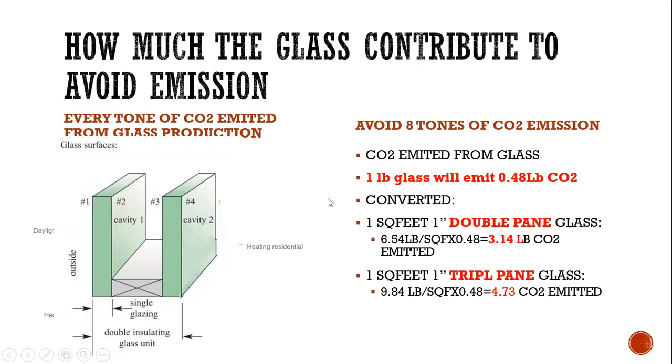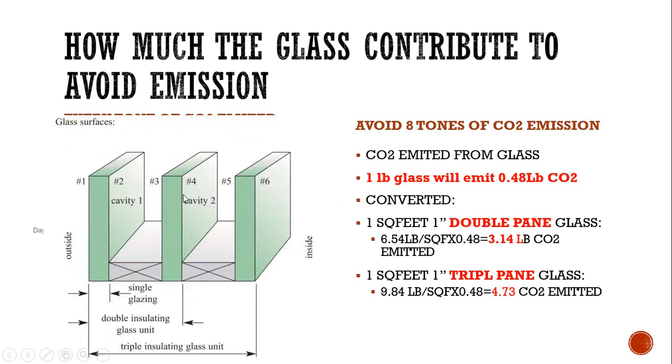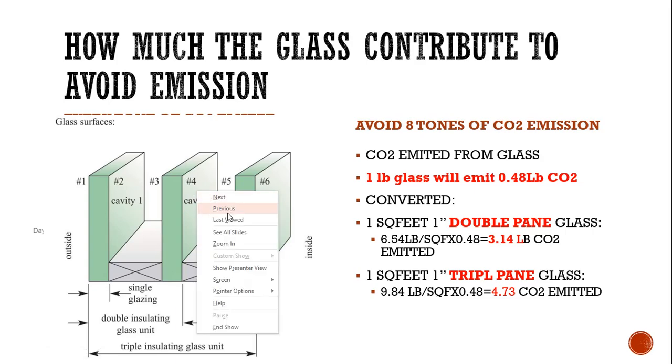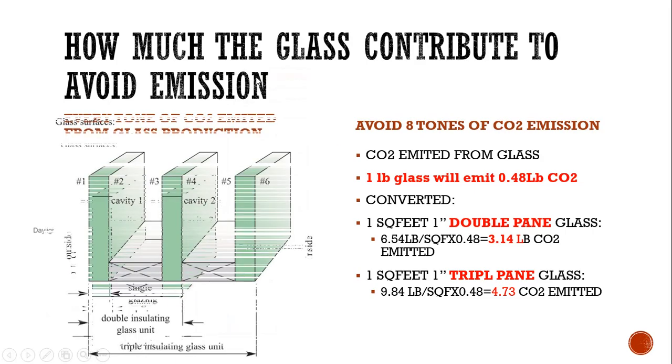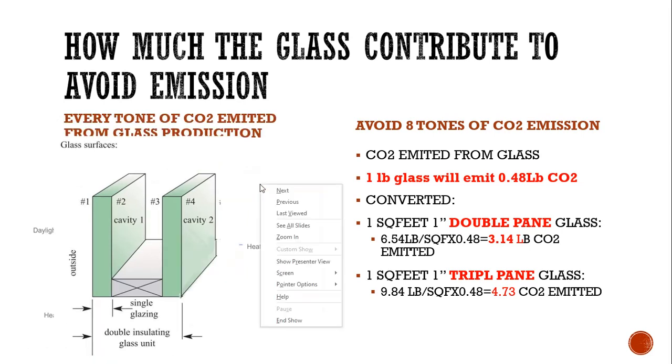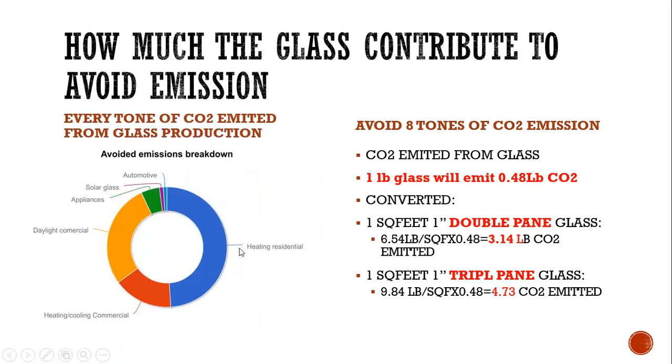So for the energy we normally use, the energy we use for our daily life for commercial or residential, we're going to have the majority of heating for the residential, the majority of energy consumed for daylight for the commercial, and heating and cooling for the commercial too.